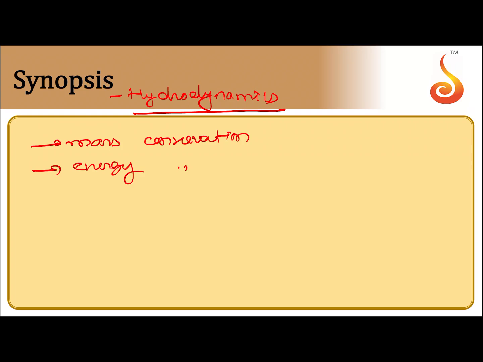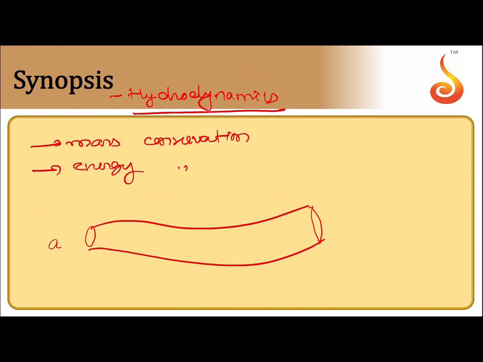Let us consider a pipe of varying cross section like this. Let's assume that A is this cross sectional area. The speed of the liquid which is entering here is V, or we will call it A1 and V1. Liquid comes out from the other cross section at a speed V2, cross sectional area being A2.